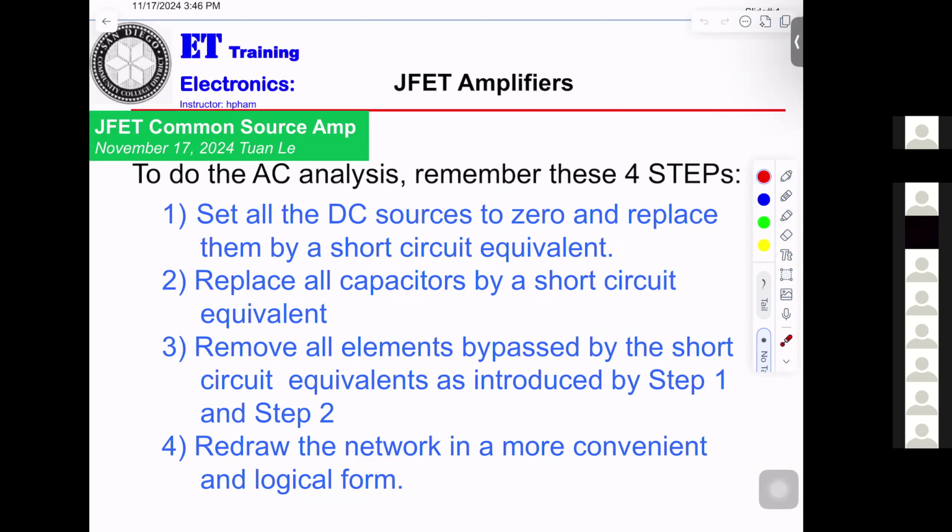Number three, remove all elements bypassed by the short circuit equivalent introduced by step one and step two. Number four, redraw the network in a more convenient and logical form.